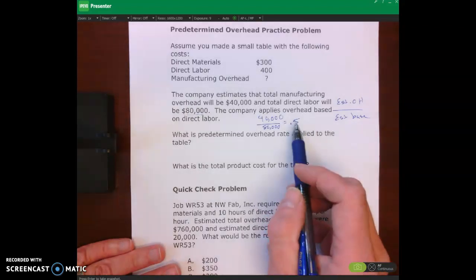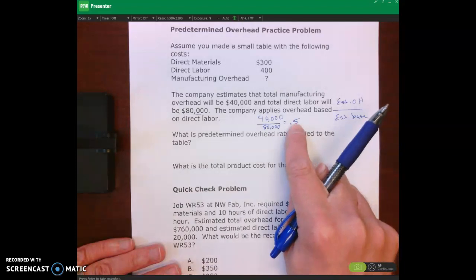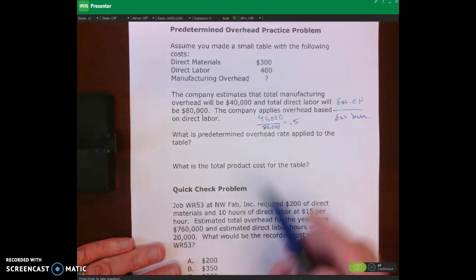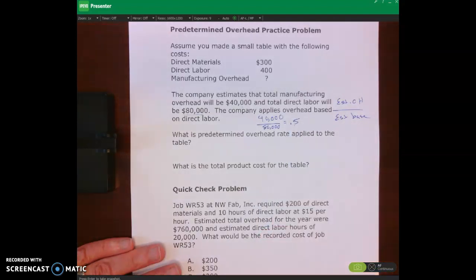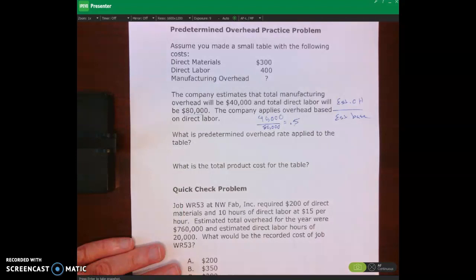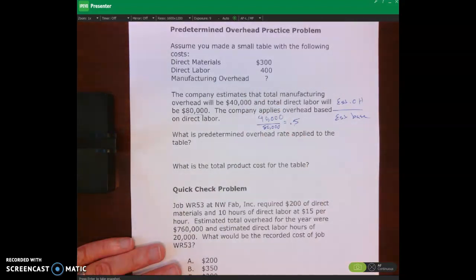It's important to attach an understanding or context to this rate, not just take rate times the amount of allocation base used to get the answer, but think about what this rate means. And it means that we apply 50 cents of overhead for every direct labor dollar. And that's important to think about it that way because it helps determine how much overhead is assigned to this table a lot easier.